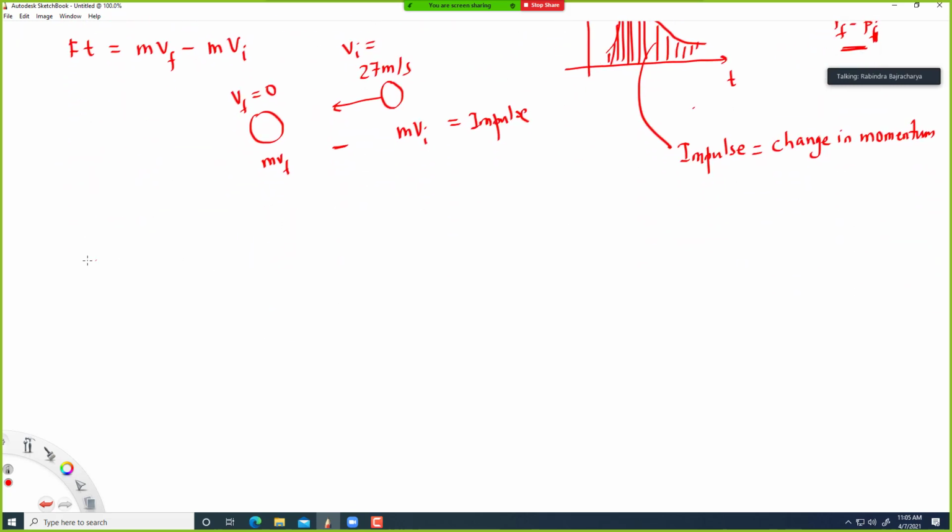For A, impulse is final momentum minus initial momentum. Final momentum would be 0 because after you catch the ball, it stops moving. So that's negative mass times velocity. Mass is 0.4 kilogram.